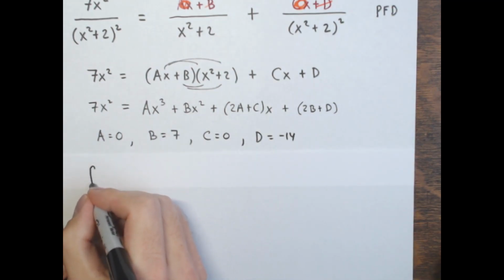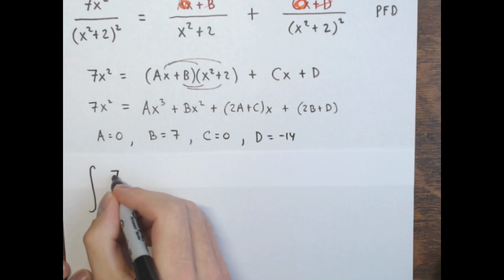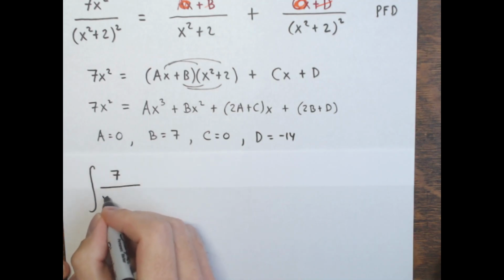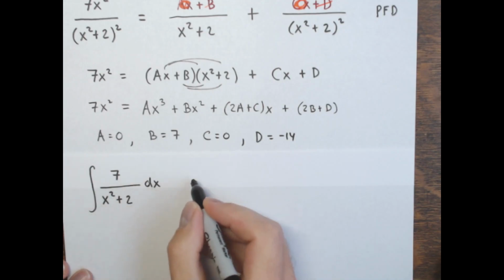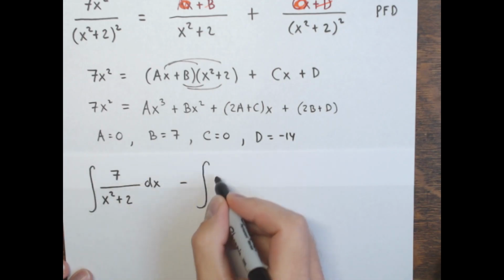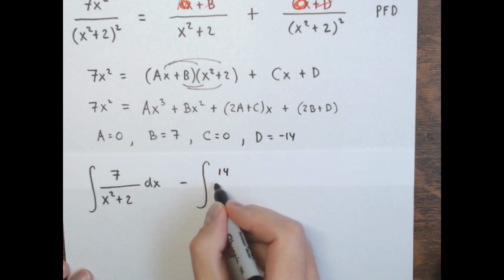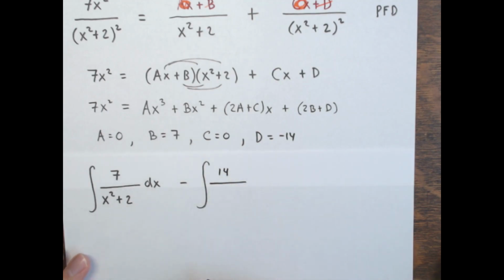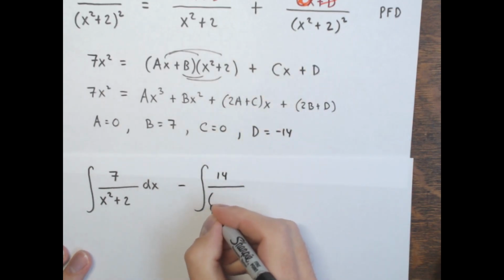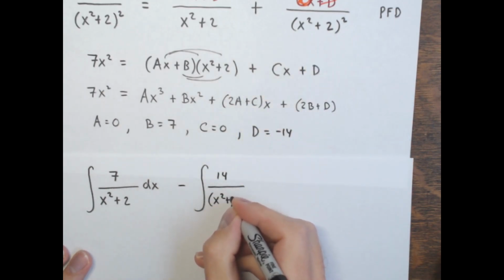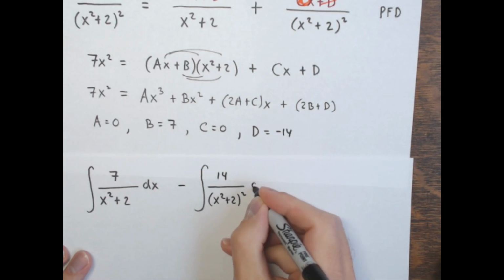Integral of 7 over x squared plus 2, and then minus the integral of 14 over x squared plus 2 squared.